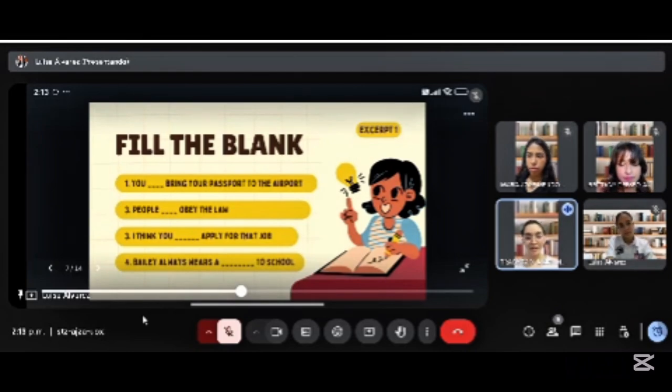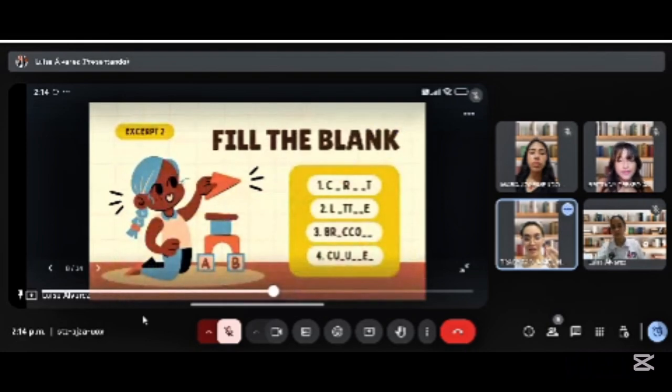Now let's continue with this next activity that is special for vocabulary evaluation. This kind of activity is very useful for vocabulary evaluation.